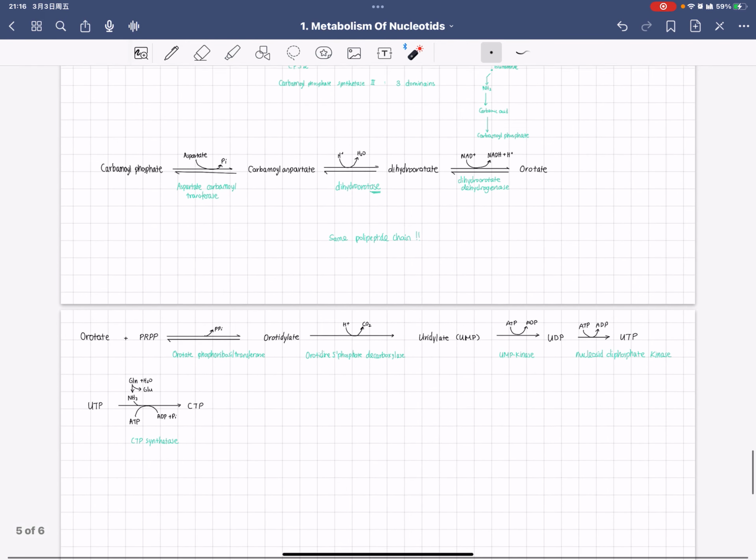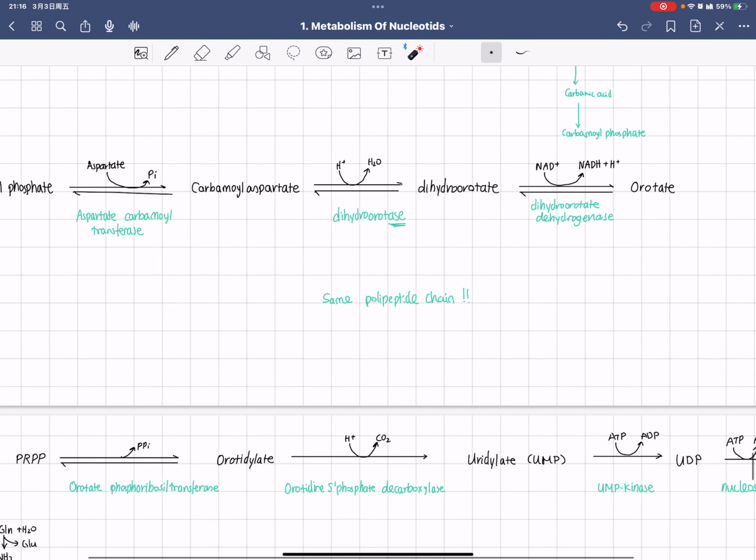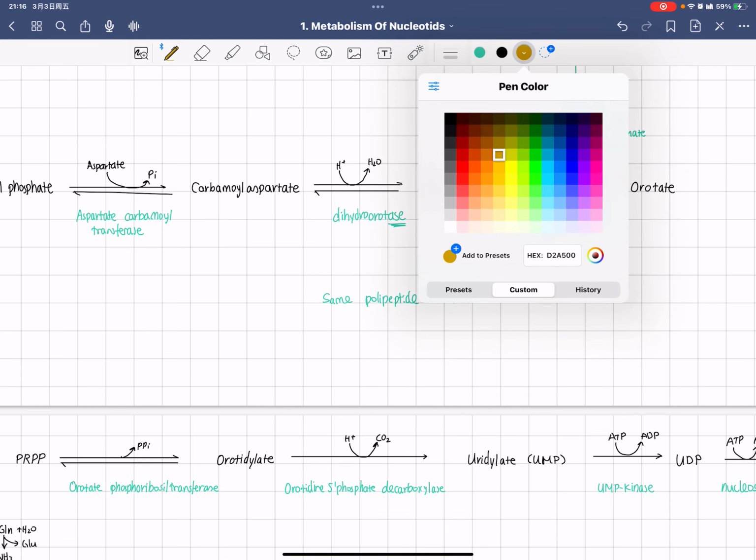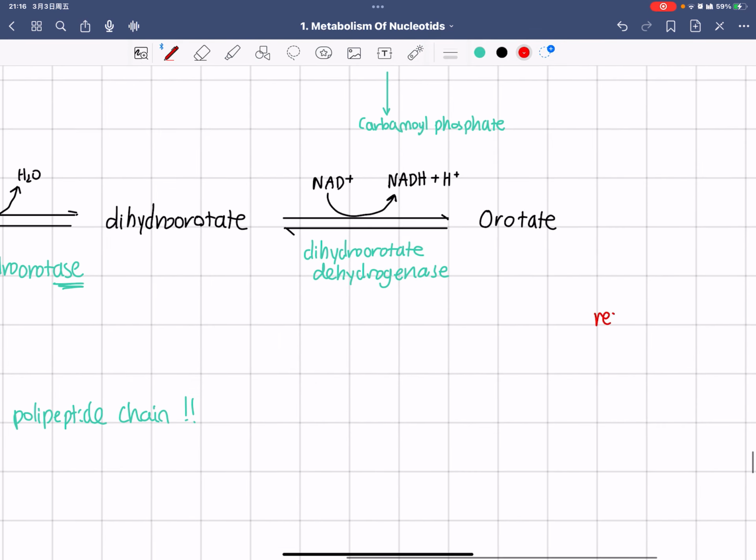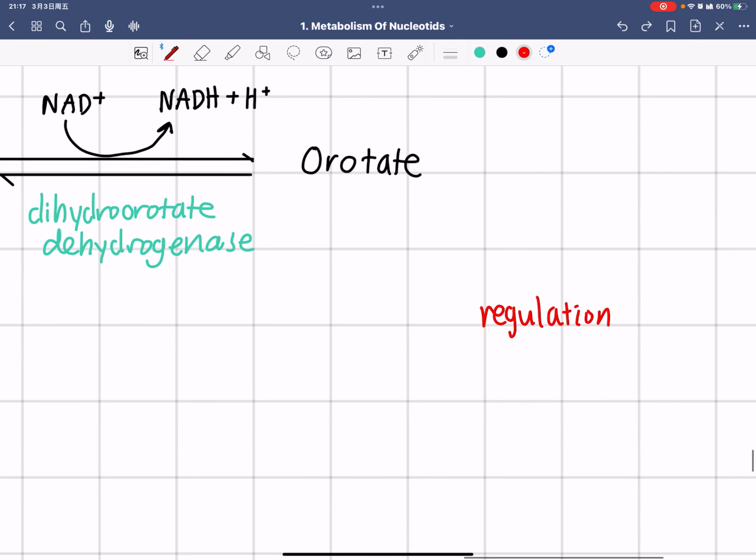Fun part now. Regulations. I bet your professor always gives you a question on regulation. Why wouldn't the professor give that to you? You know how it forms? 5 steps. CTP.